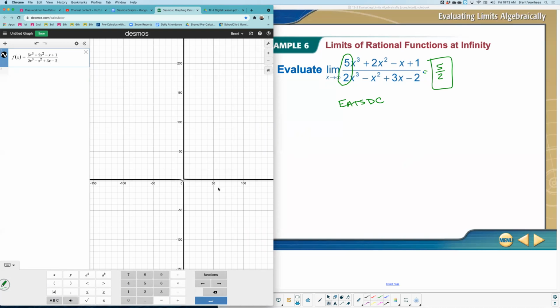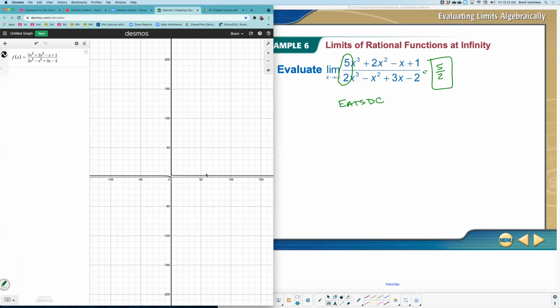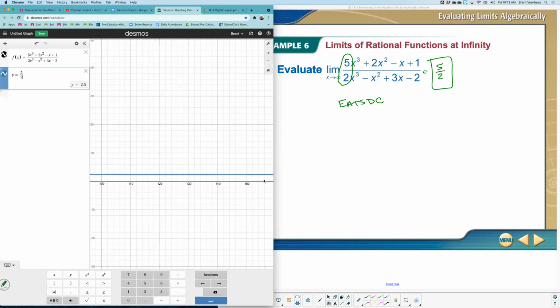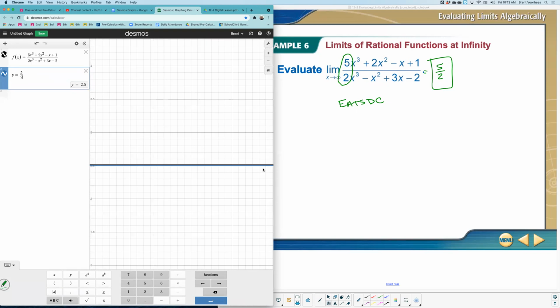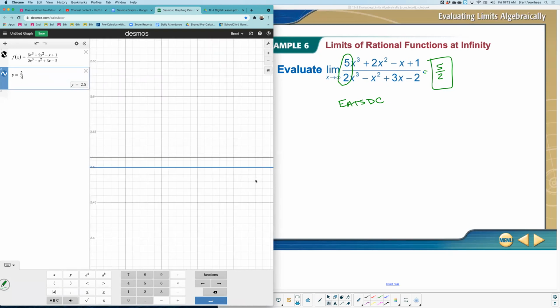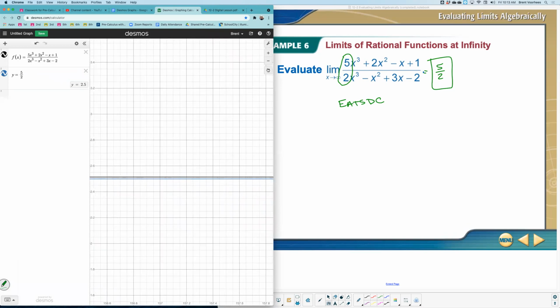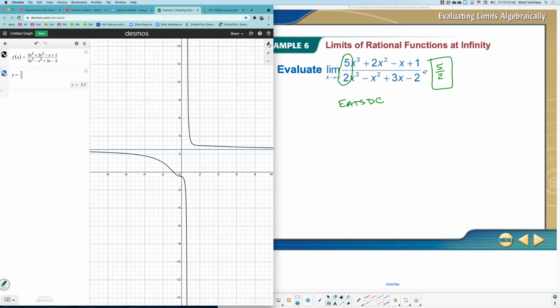As we want to see the graph as it goes right forever, I can see it's approaching a constant number. If I put in y equals 5/2 and zoom in, you'll see that these lines are basically one on top of the other. There is very little difference, and the farther right this graph travels, the more true this would be.